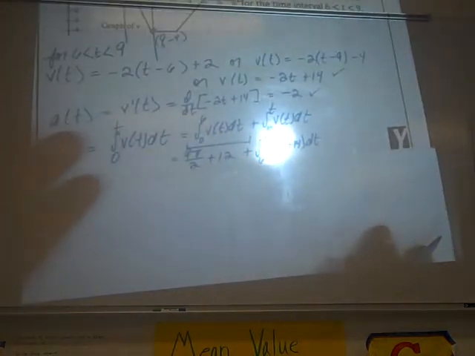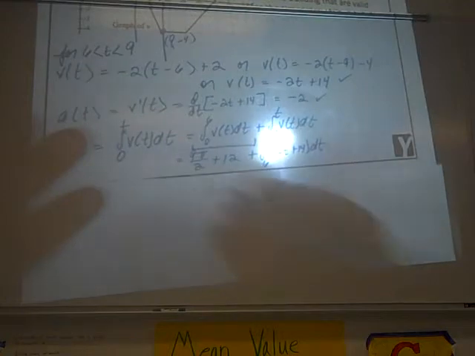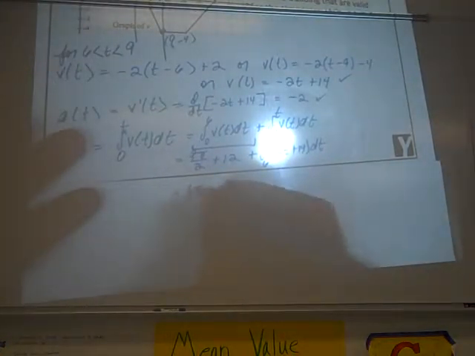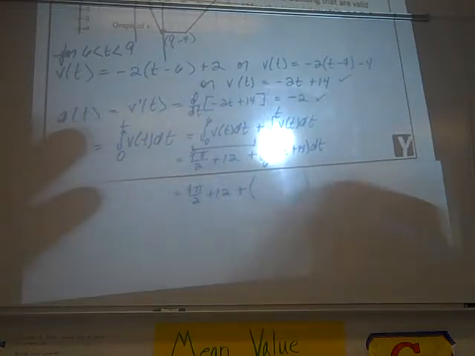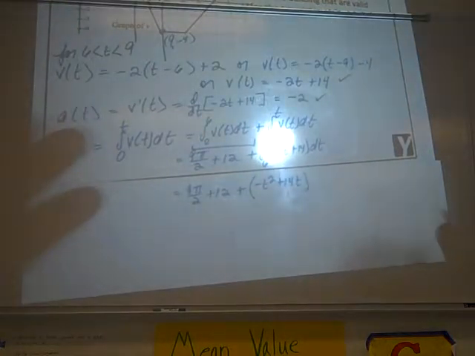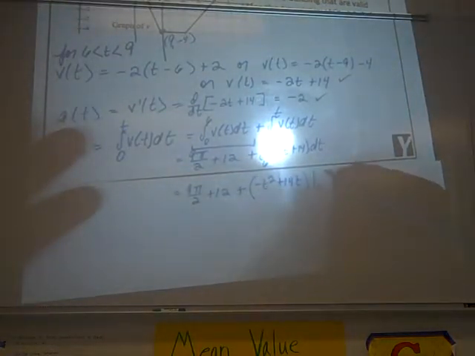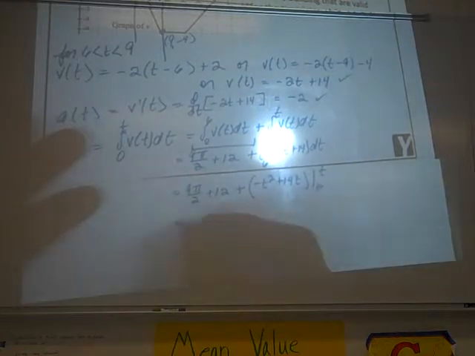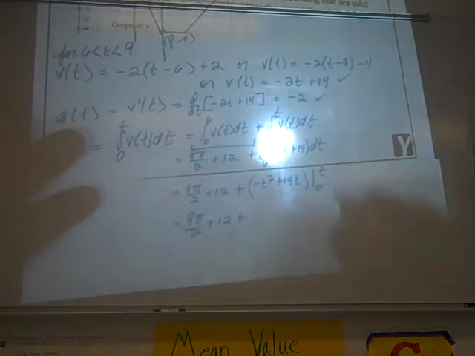So let's keep going with the computations. We have 9π/2 plus 12 plus the integral of -2t + 14, which is -t² + 14t. We need to evaluate that between 6 and t. All right. 9π/2 plus 12.